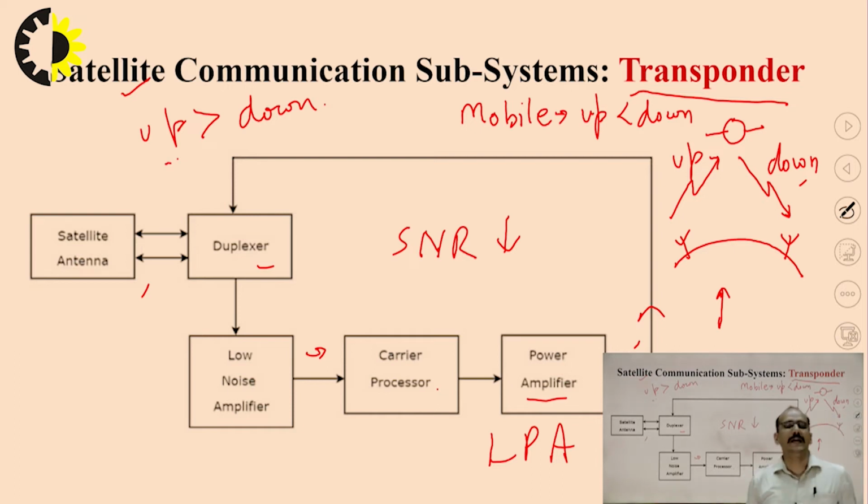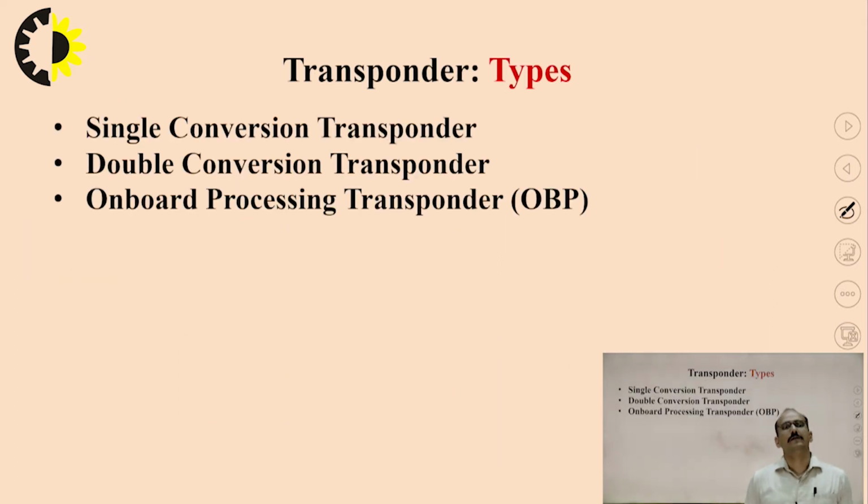So you can identify here that the transponder is just a mediator which is getting the data from one earth station and then sending the same data to another earth station. So when we are talking about the transponder working, there are three types of transponders.